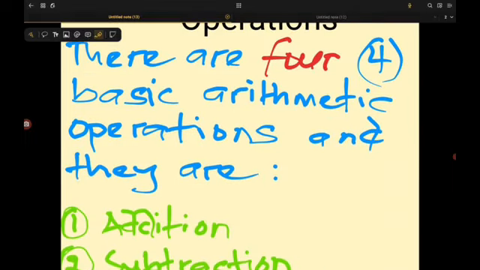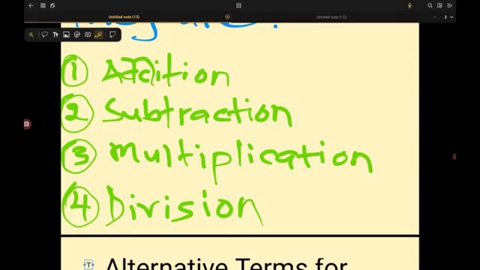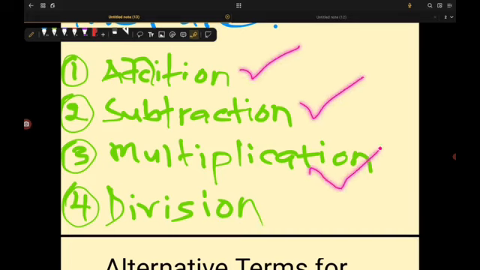They are, in no particular order, addition, subtraction, multiplication, and division. Those are the 4 basic arithmetic operations. You will see why I'm saying all this.